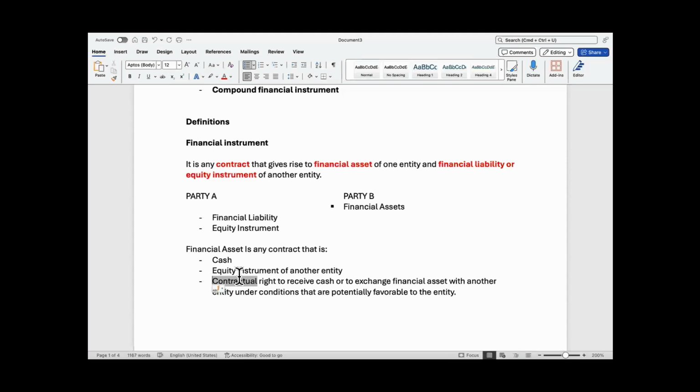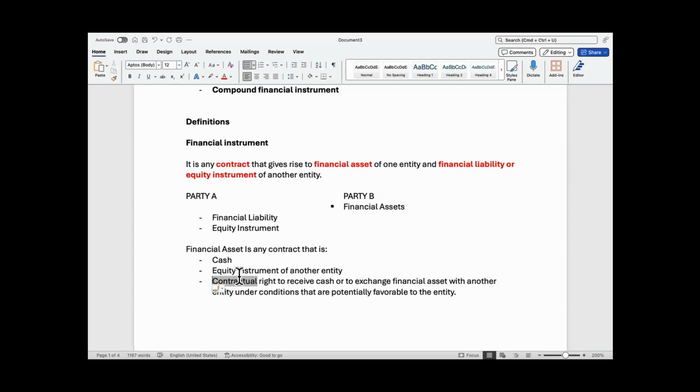He has to pay. There's a contract. When you invest in government, they issue treasury bills almost every quarter. When you invest in such, you have a contractual right to receive cash. They must pay you back your money. They must pay you interest. It's a must, it's a contractual right.